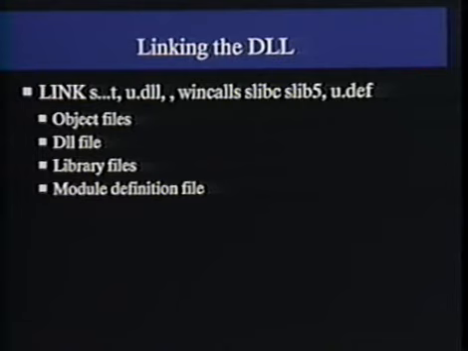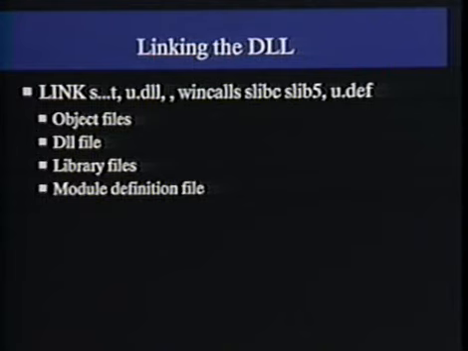Then the next item is linking the libraries themselves. To link the library, we use link again. We specify the object files that we have compiled and assembled. We specify that the file that we are creating is the u.dll, or the DLL file.